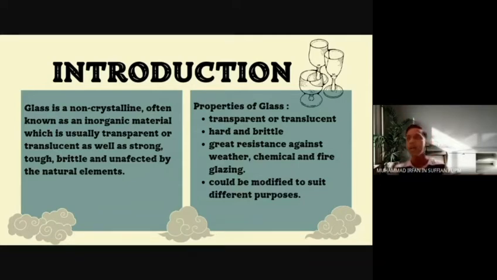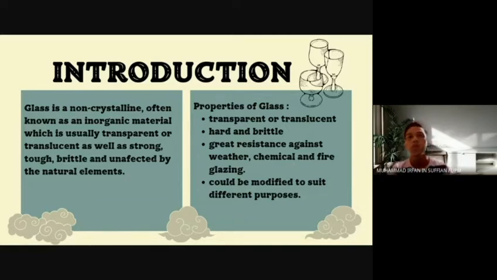So, why is glass used a lot in our daily life? That is because some characteristics or properties of glass make it suitable for a lot of stuff. So, firstly, because of its transparency and translucency. The transparency is one such property of glass which could establish a visual link to the outside world.